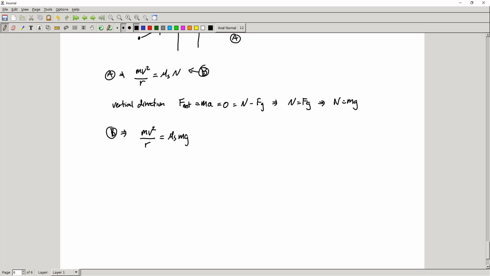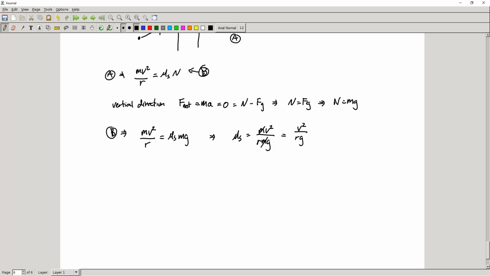We want to find this mu sub s, this coefficient of static friction, and so we want to isolate it. If we do that, we end up with mu s equals mv squared over r m g. We cancel out these m's, and this is just v squared over rg.